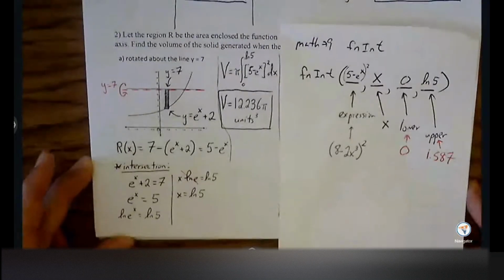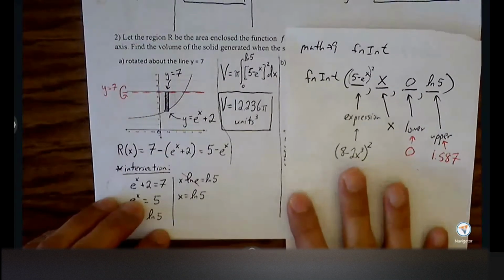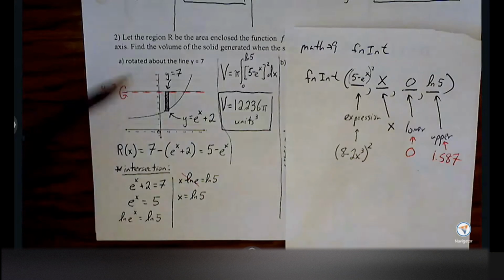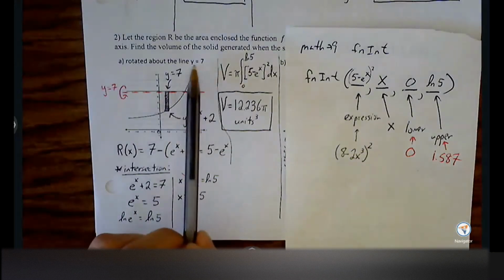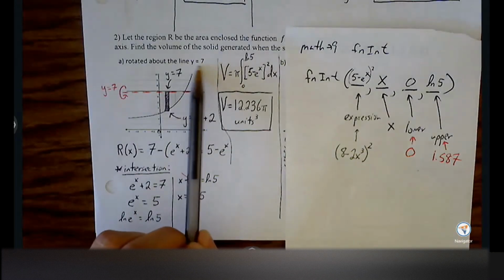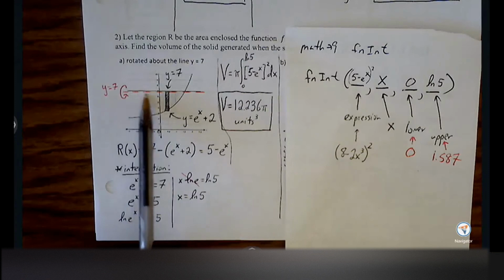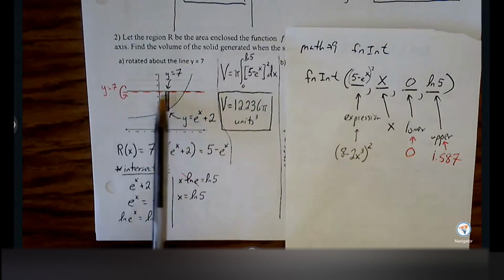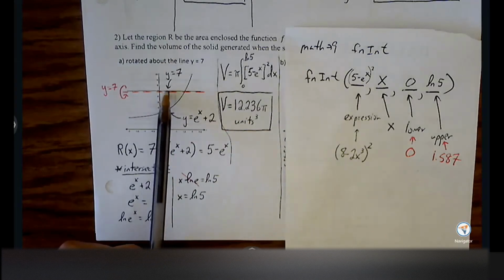Okay, let's check our work, and I'll go over this problem step by step. So first thing is I saw that my axis of revolution is at y equals 7, so that's where I place my dotted line. I know this is the center of my object after everything gets rotated, so my radius is going to start at the center.